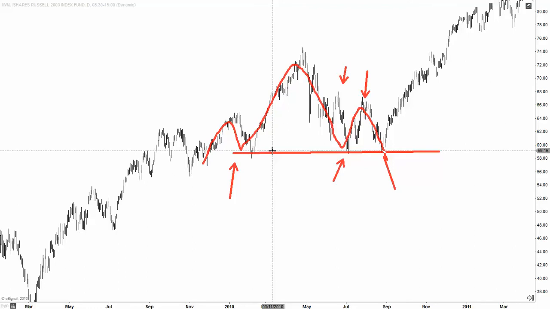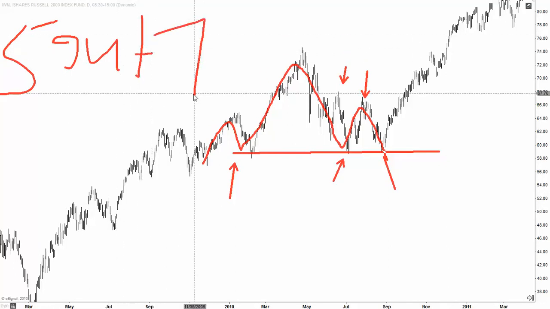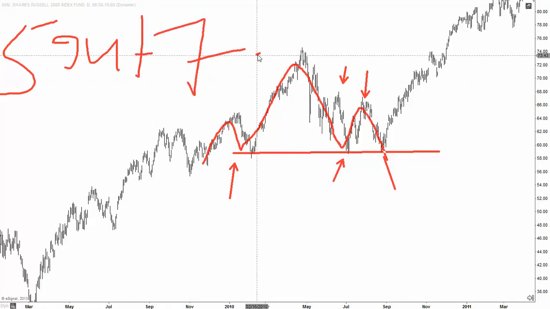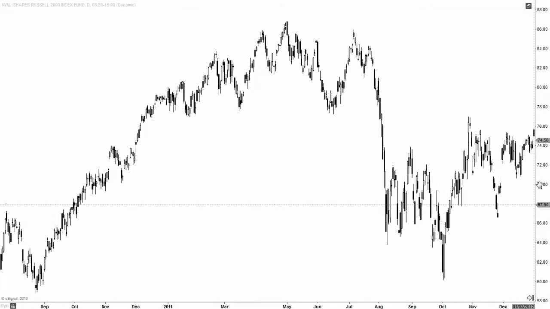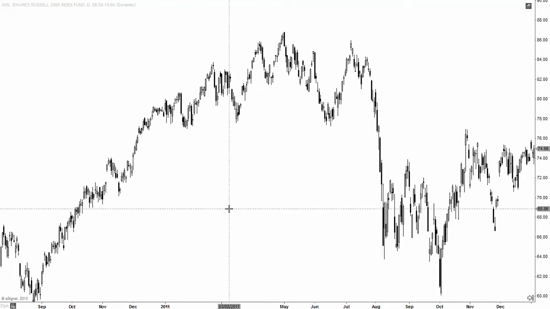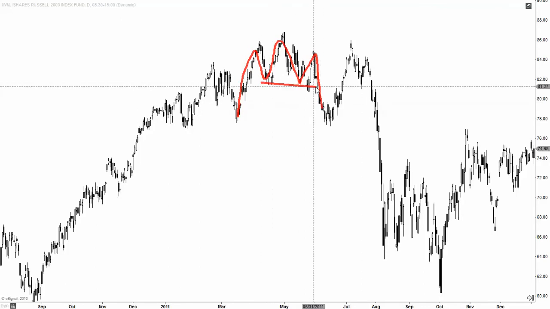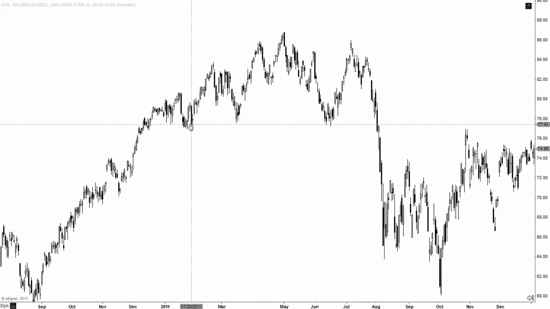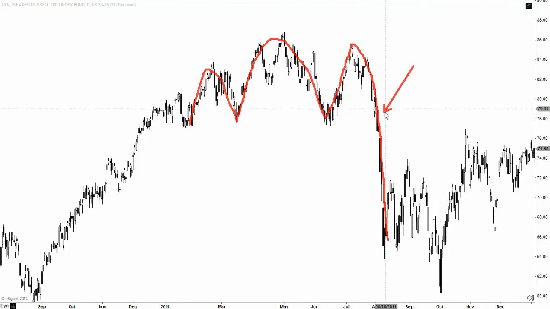So we have a 7, but only 5 times played out. So 5 out of 7 so far. Well, let's continue here. What do we got here? We have also another head and shoulders here. See that? And then on a big scale, we got that. Look at that move.